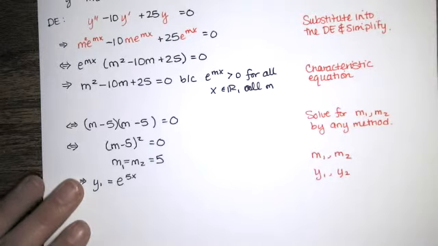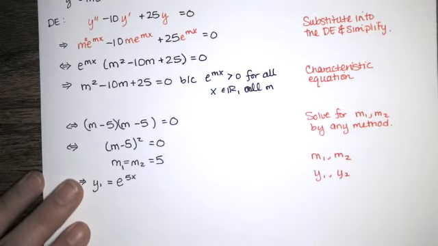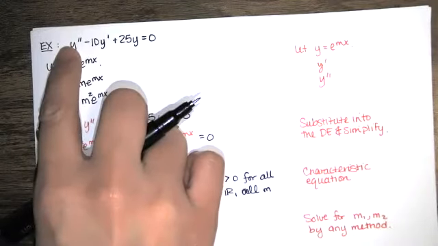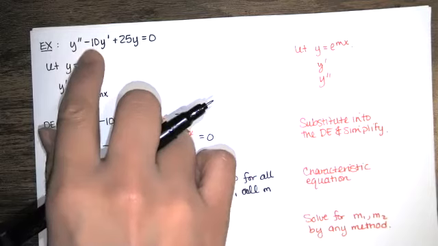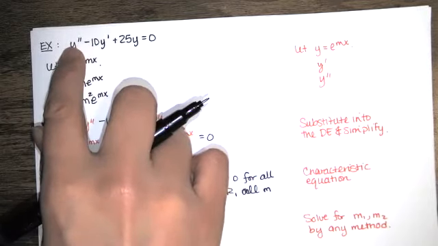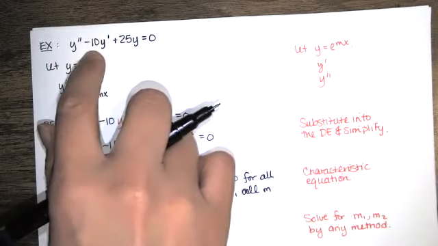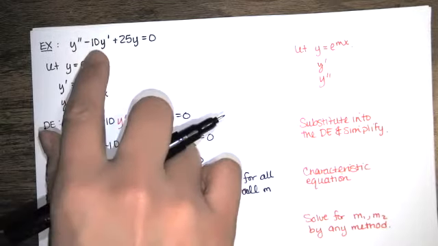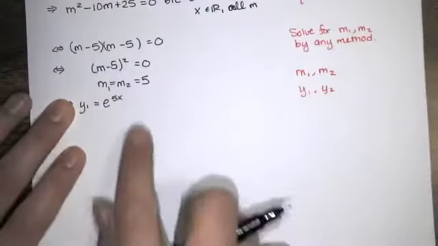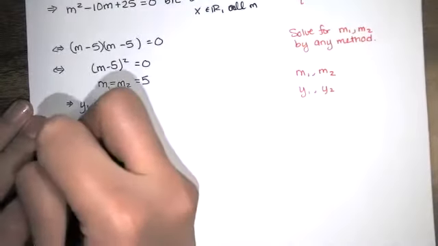The second derivative is 5 times e to the 5x times an extra 5, so it'll be 25 e to the 5x. So we'd have 25 e to the 5x minus 10 times 5 e to the 5x. So that's 25 e to the 5x minus 50 e to the 5x. That's going to be negative 25 e to the 5x plus 25 e to the 5x equals 0. So that satisfies the differential equation.